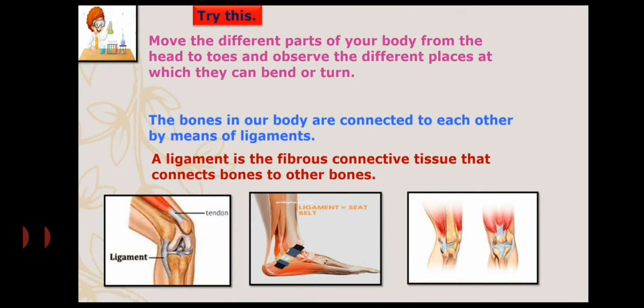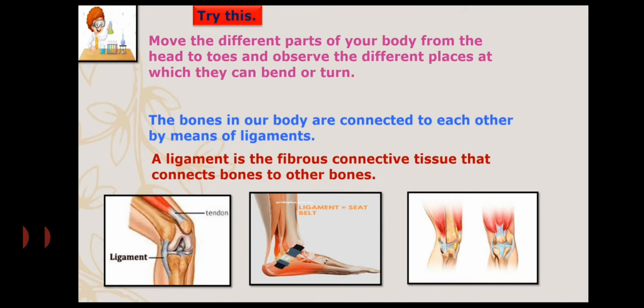So children, here the bones in our body are connected to each other by means of ligaments. A ligament is the fibrous connective tissue that connects bones to other bones. I hope you understood the meaning of ligament.